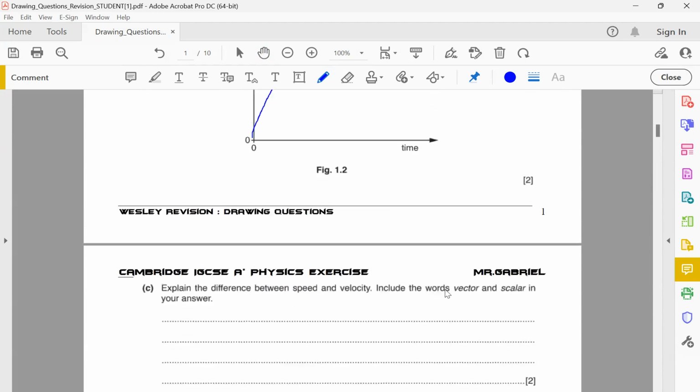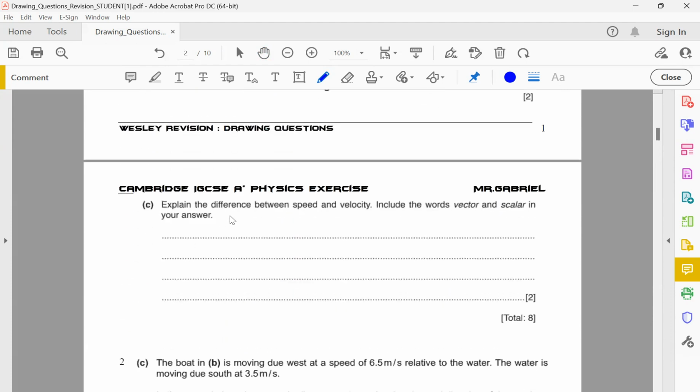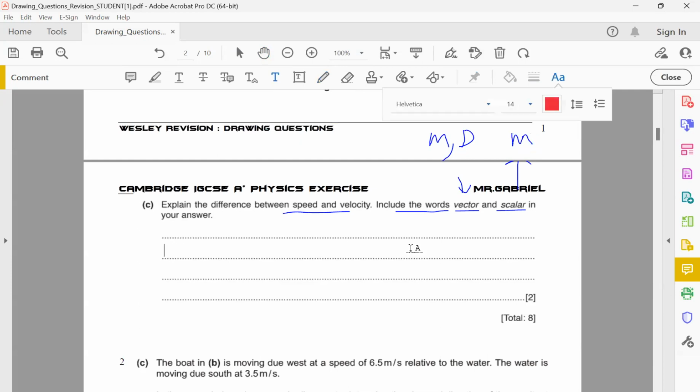Okay, then after that, the last question here, they say explain the difference between speed and velocity. Include the words vector and scalar in your answer. Guys, vectors are things with what and what? Magnitude and direction. And scalars are things with only magnitude. So this is how you're going to answer it. You're going to say something like: speed is a scalar quantity.